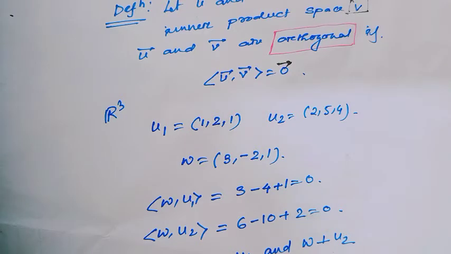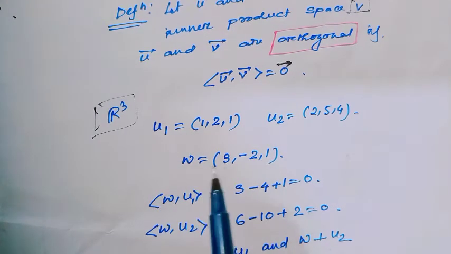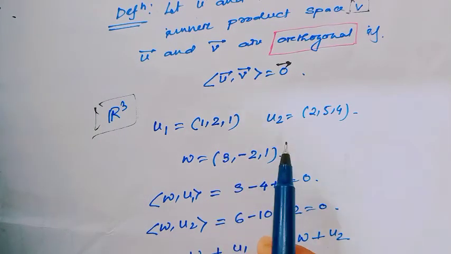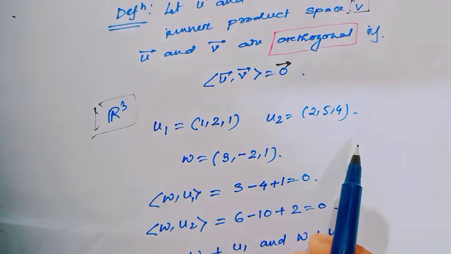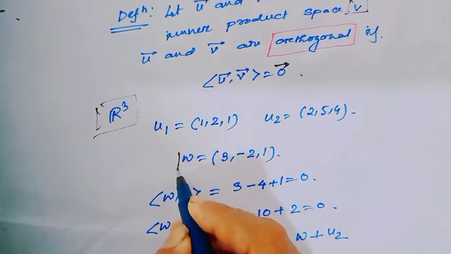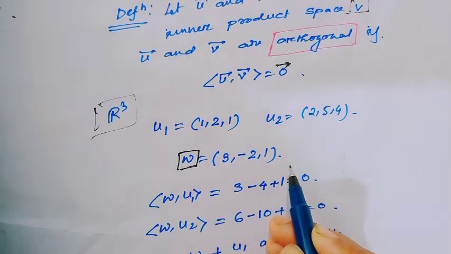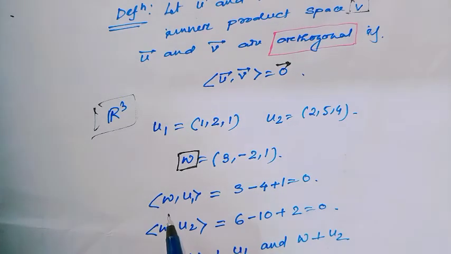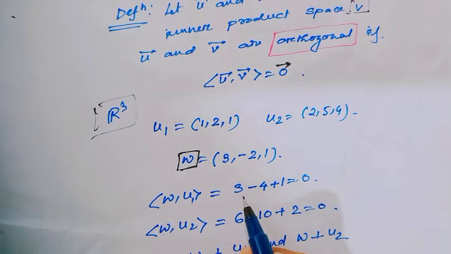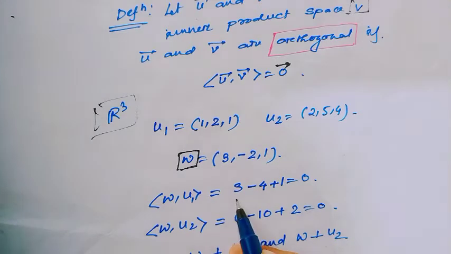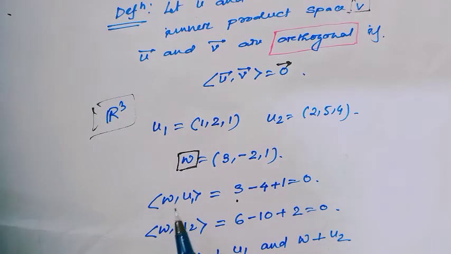As an example, in R3, consider two vectors u1 equal to (1, 2, 1) and u2 equal to (2, 5, 4), and consider another vector w equal to (3, minus 2, 1). Then notice the inner product of w with u1. By definition, this is u1 transpose times w.